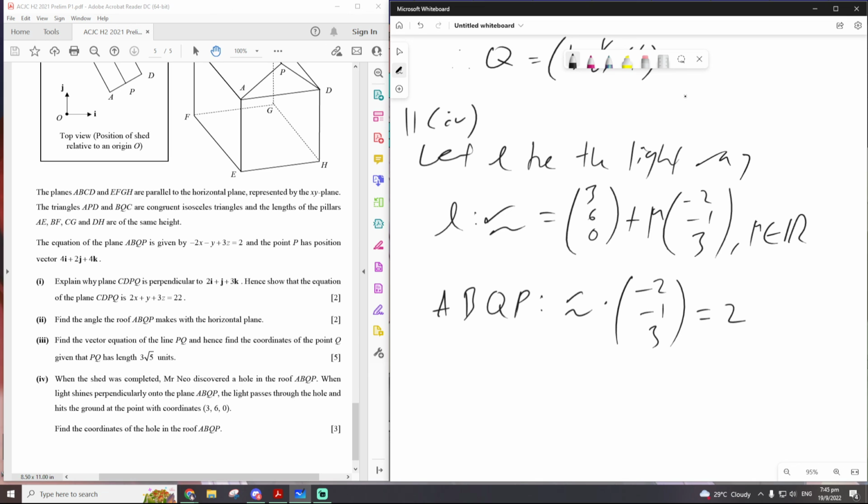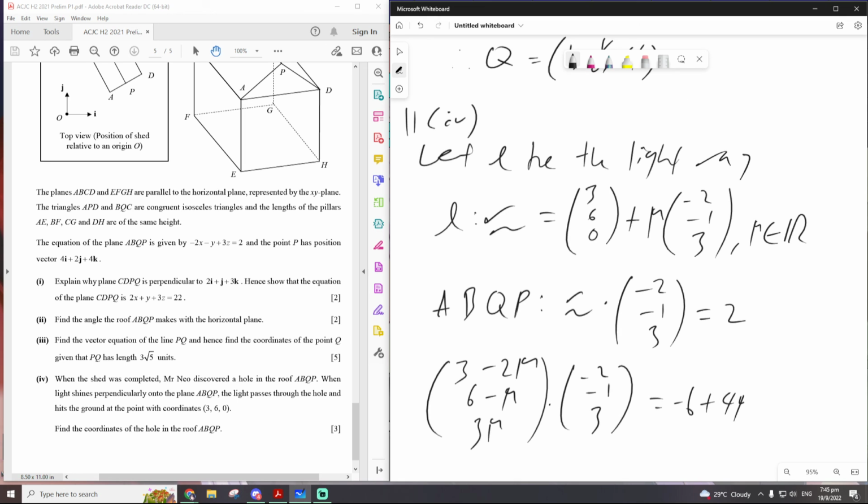So we use these two equations together, we'll get (3 minus 2 mu, 6 minus mu, 3 mu) dot (-2, -1, 3). Then we can work out what this is. This is -6 plus 4 mu, -6 plus mu, plus 9 mu, which is 14 mu minus 12 equals 2.